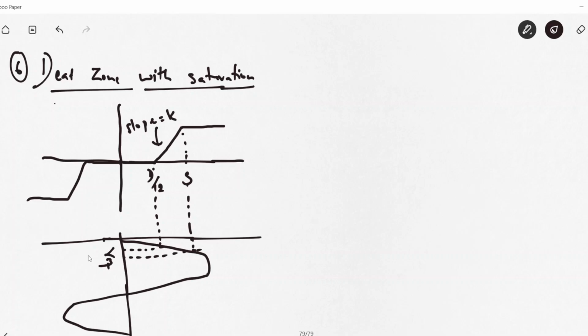And the output characteristics, how will y of omega t look like with respect to omega t?